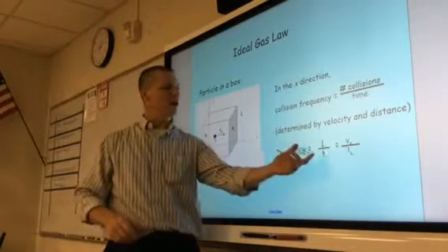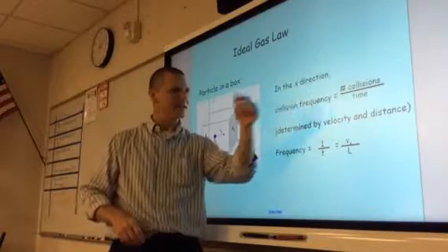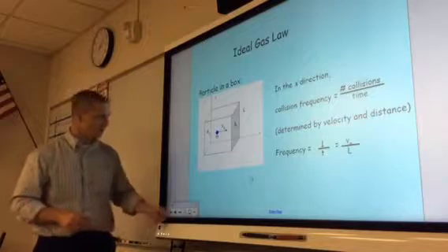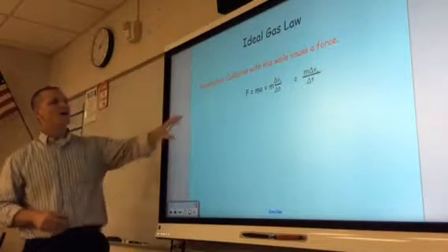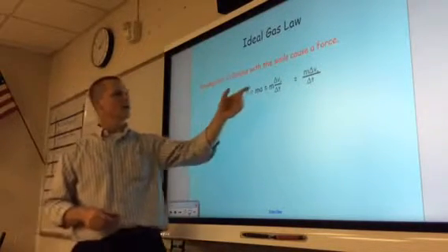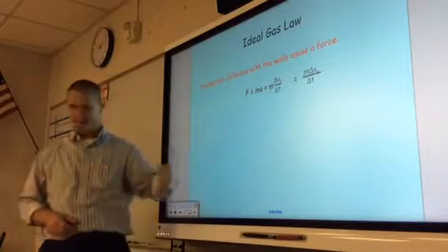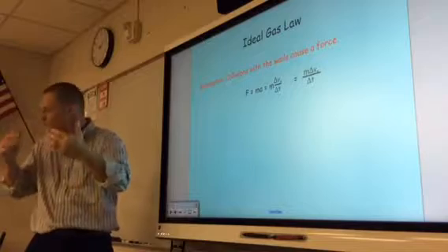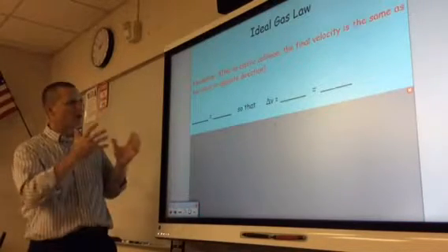So we can determine velocity, distance, frequency. And then we have a force. I see Newton's second law, F equals ma. And then we're starting to build up to pressure because pressure is force per area.